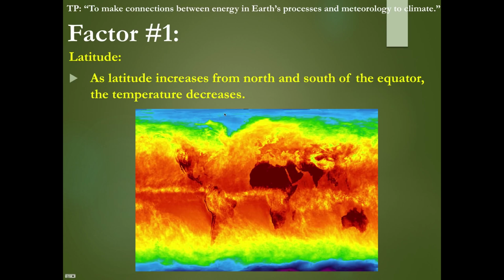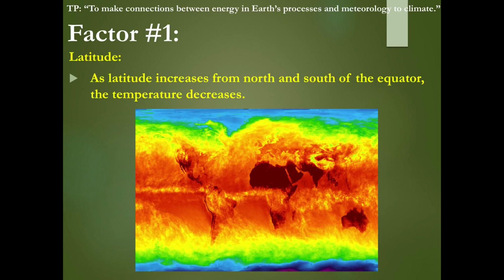Factor 1, latitude. As latitude increases from north and south of the equator, the temperature decreases. So as you go north and south of the equator, your temperature is going to decrease. Now this holds true for a certain season, like the equinoxes.